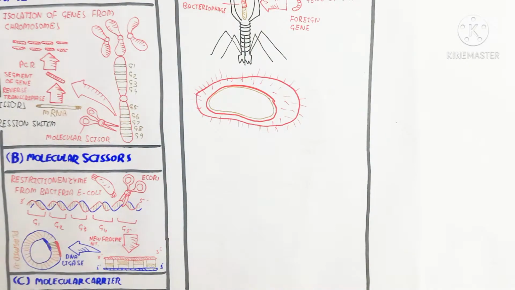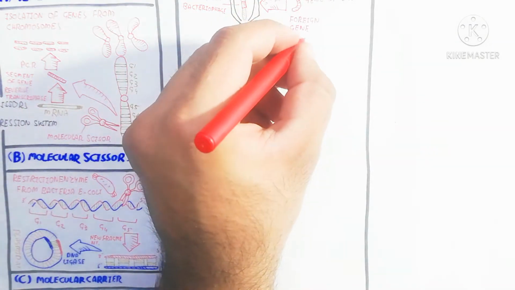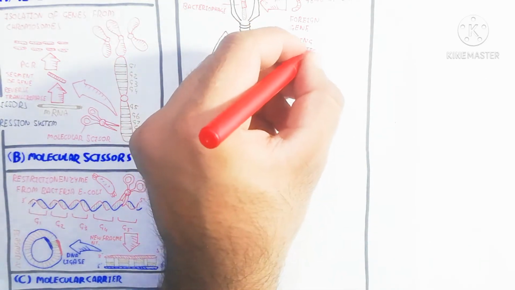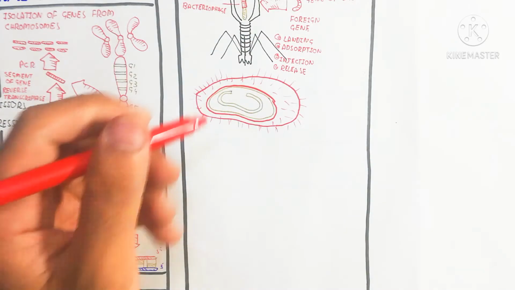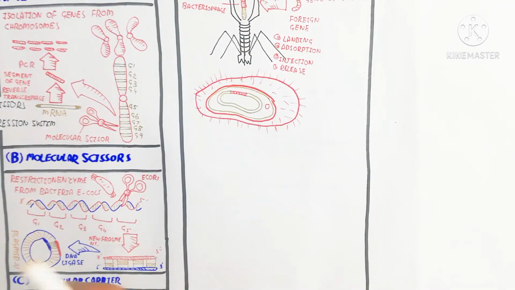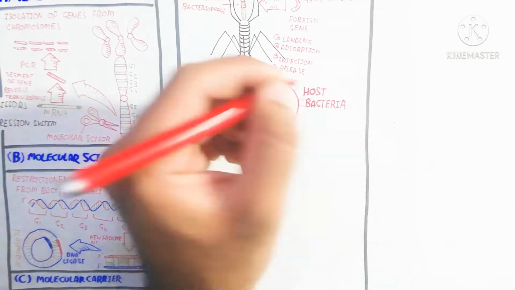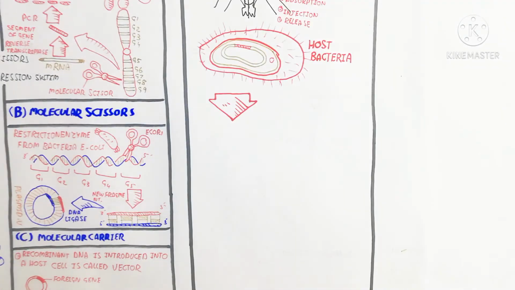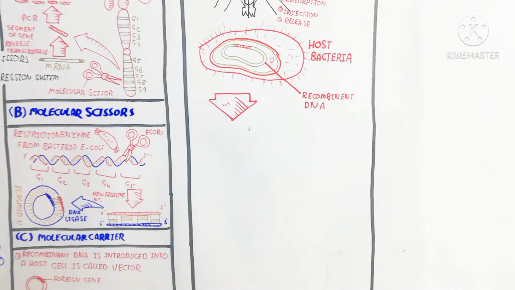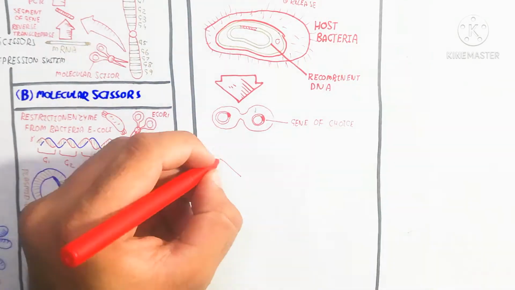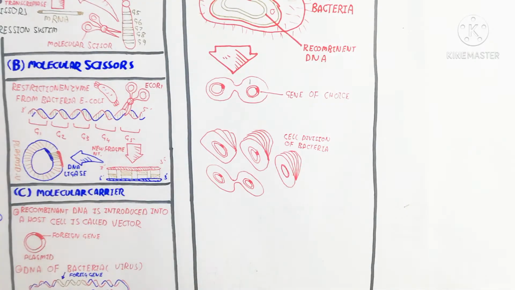So the host bacteria will convert into recombinant DNA, because the ligase enzyme and restriction enzyme are present in the bacteria. The restriction enzyme and DNA ligase enzyme work collectively, and the segment which we insert, that bacteria will grow, and the gene of choice will be expressed after the reproduction and cell division of the DNA.